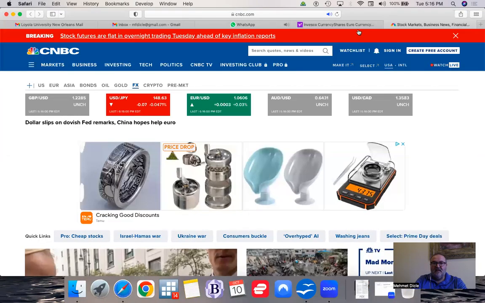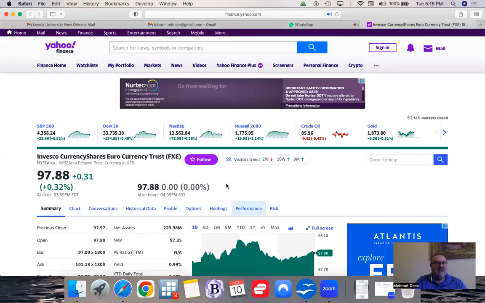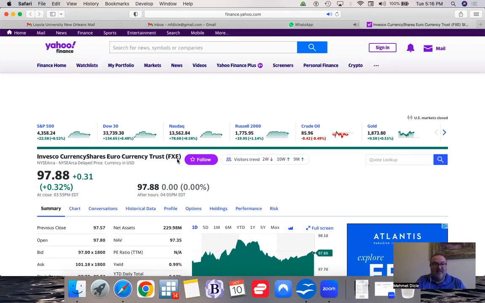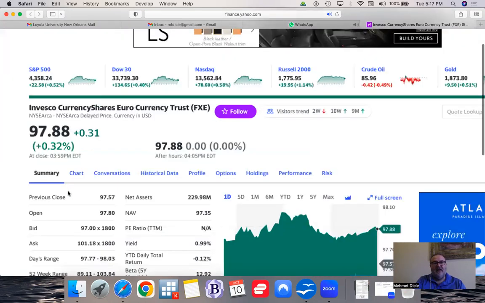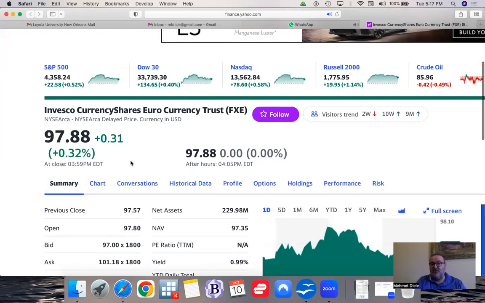There is an ETF called FXE, and we have quite a few of those by Invesco. There's FXA, FXY, FXI, and so on and so forth. And this actually is an ETF for dollar to the euro.